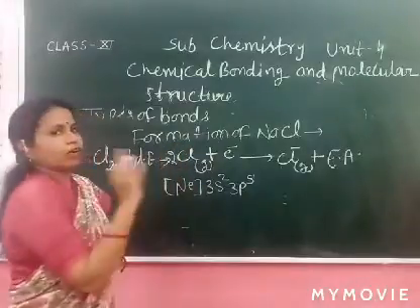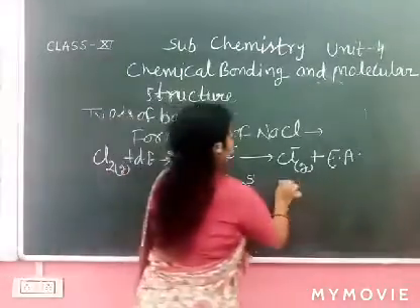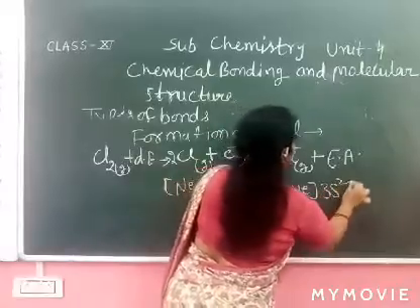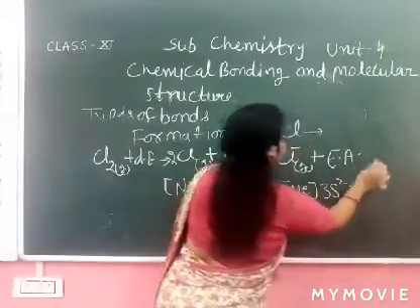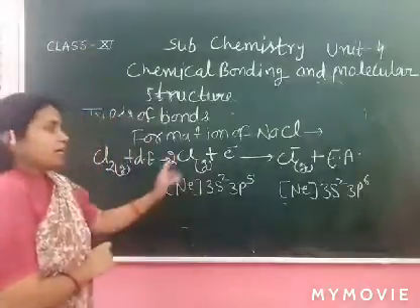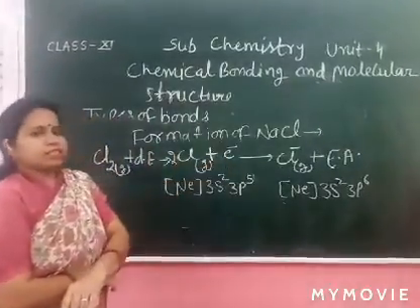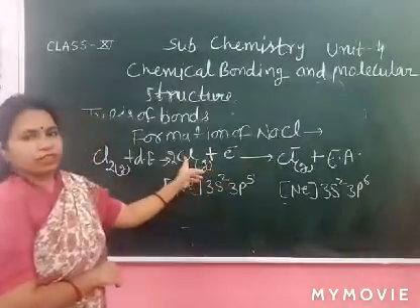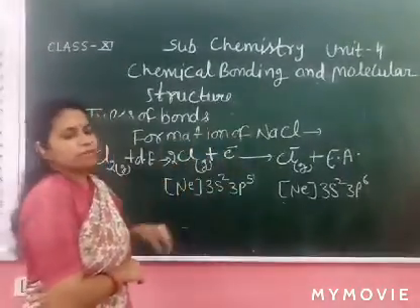When it gets one electron, it converts into the neon-like 3s2, 3p6. Cl converts into Cl minus. The electron is accepted by the chlorine atom and it converts into Cl minus.